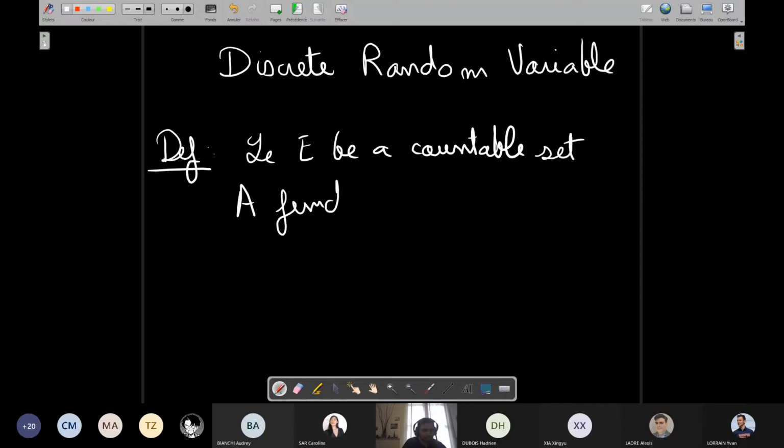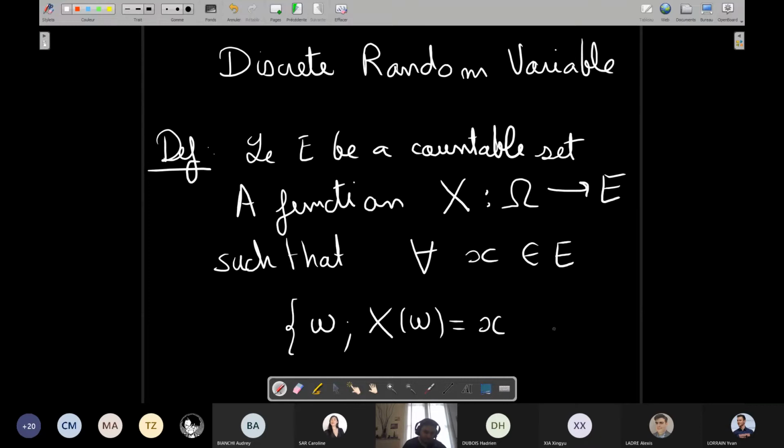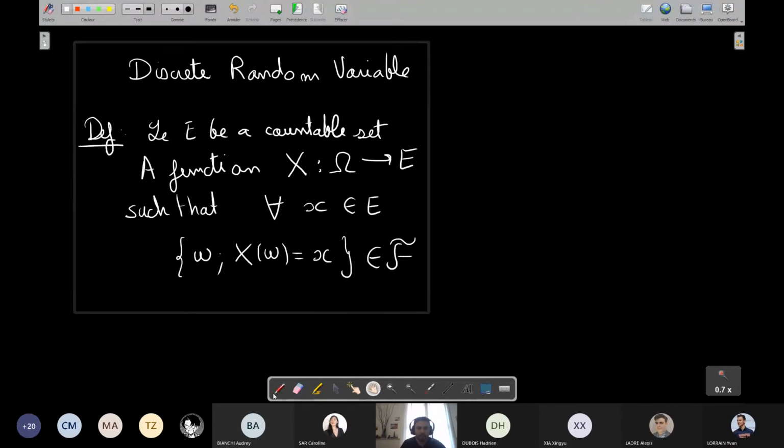A function X that goes from omega to E such that for any x in E, the set of omega such that X of omega is equal to x is in the sigma field F. Okay, so a function X that satisfies this condition is called a discrete random variable.